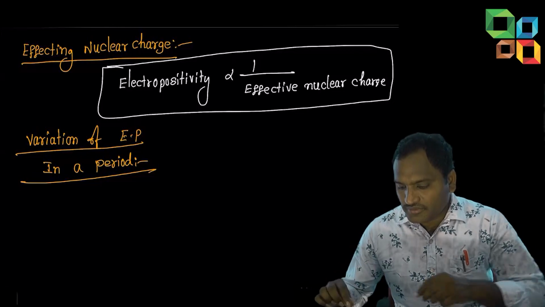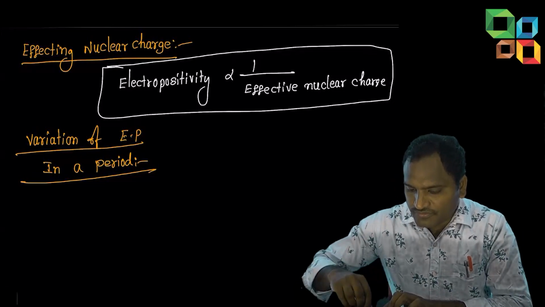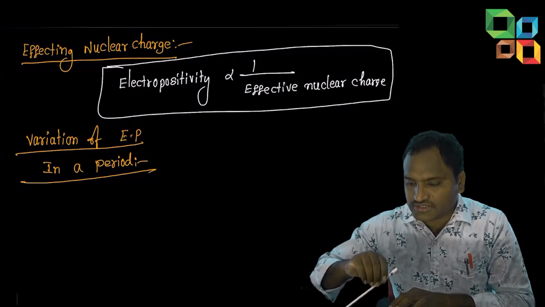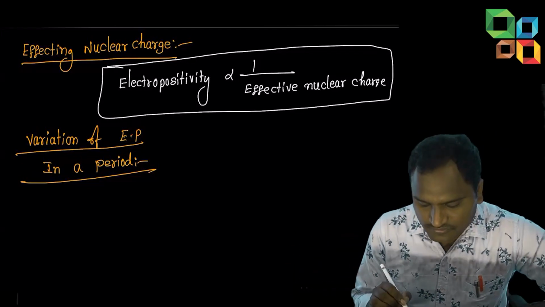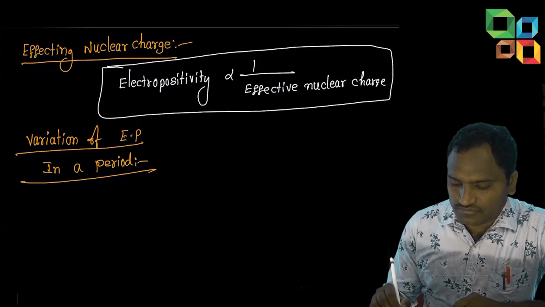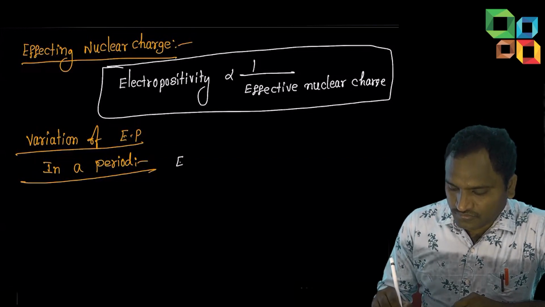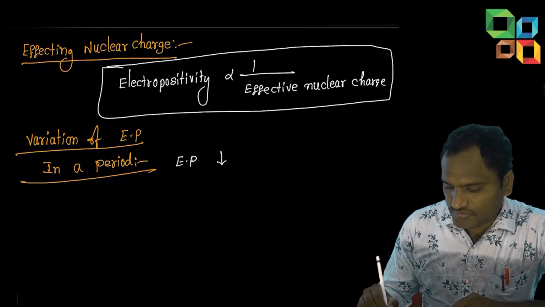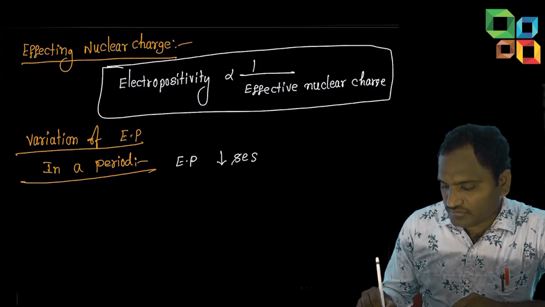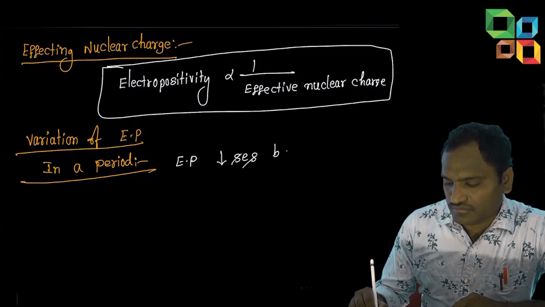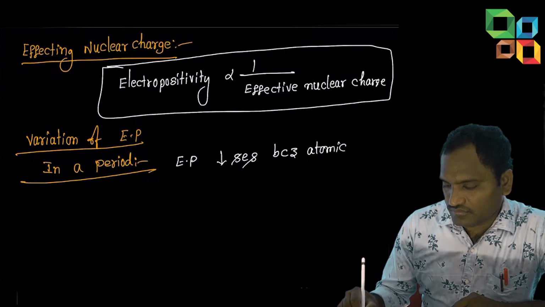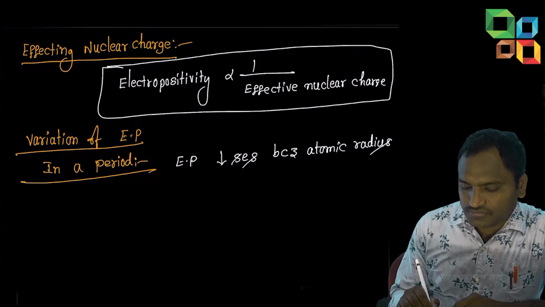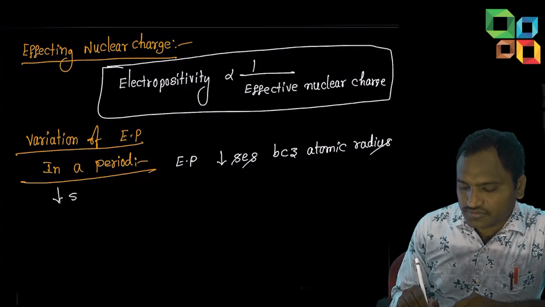So in a period, from left to right, electropositivity decreases since atomic radius decreases. Only that much.